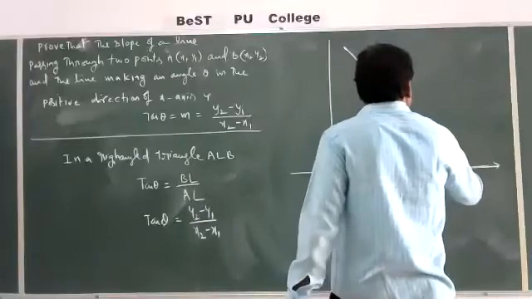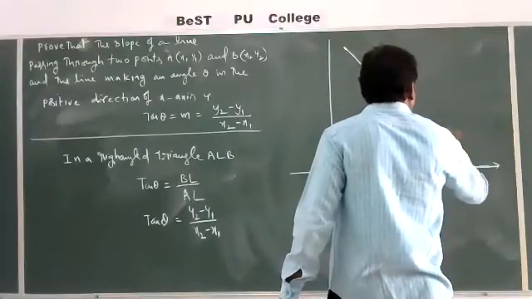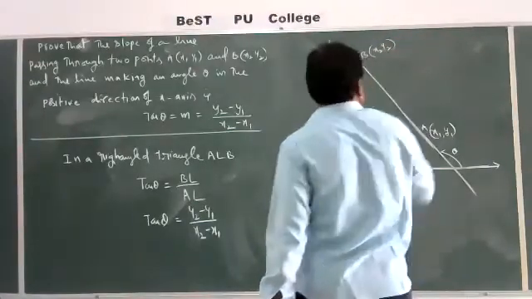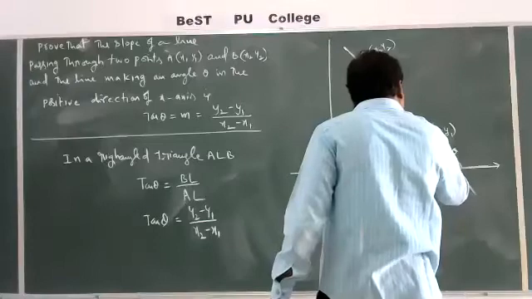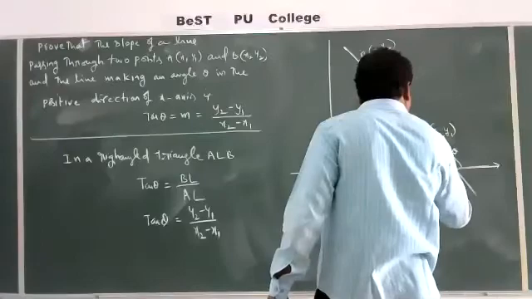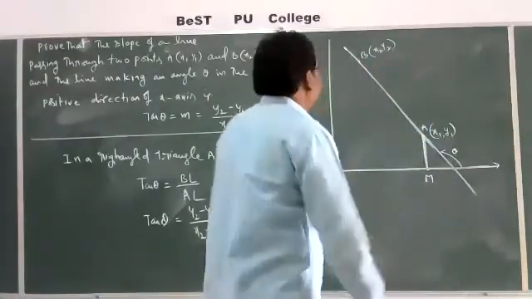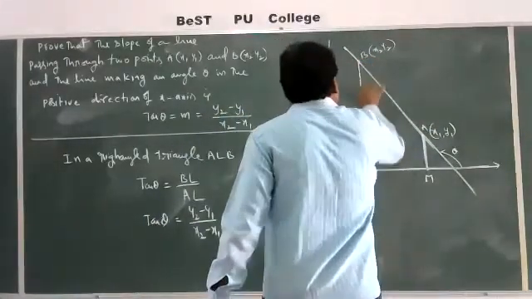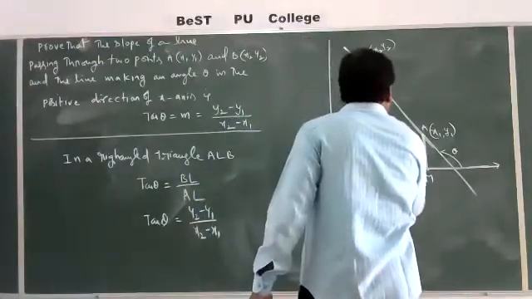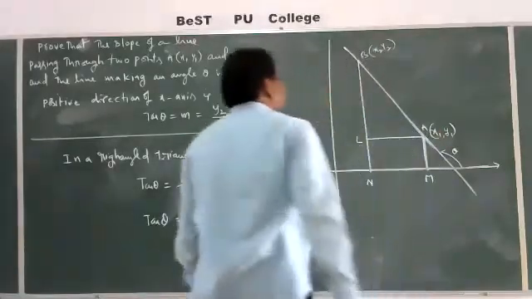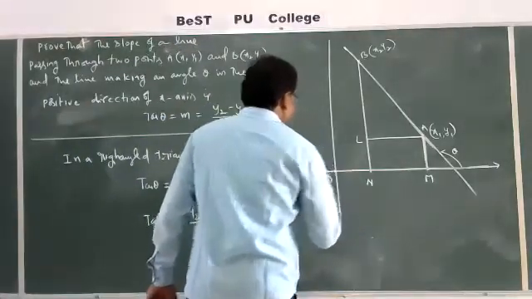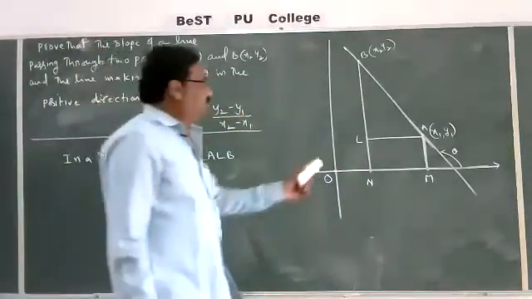Here again A is x1, y1, and here B, same points, x2, y2. Draw a perpendicular line, this is M, and this is another perpendicular line, that is N. This is AL, same figure, same points. This is the origin. Draw the same figure like this.